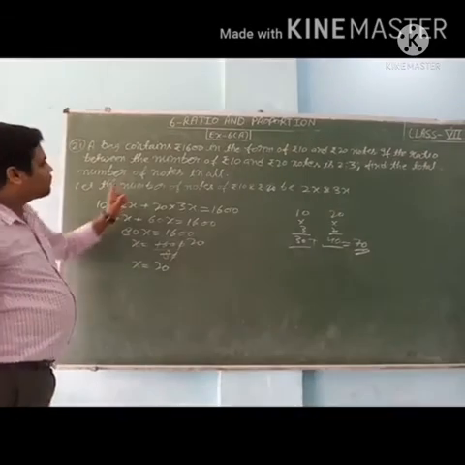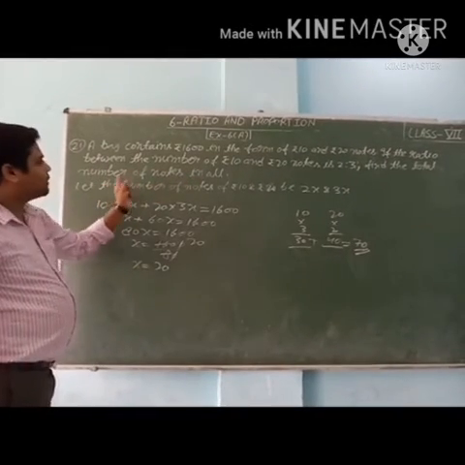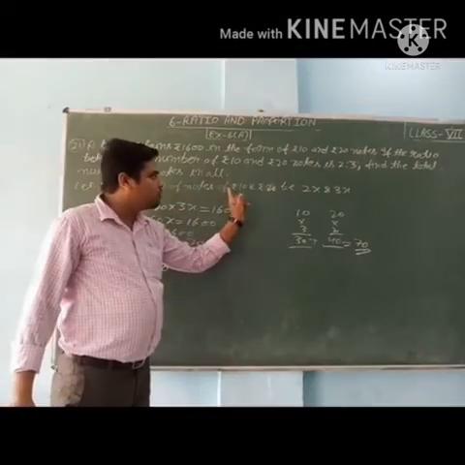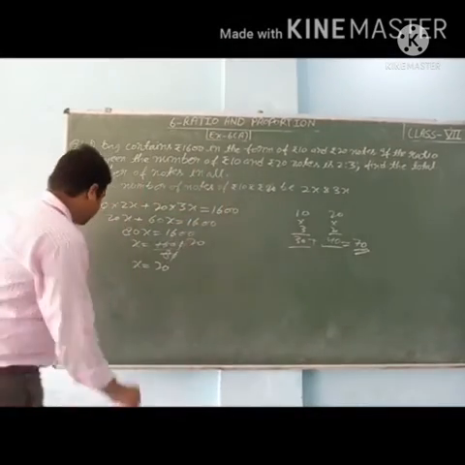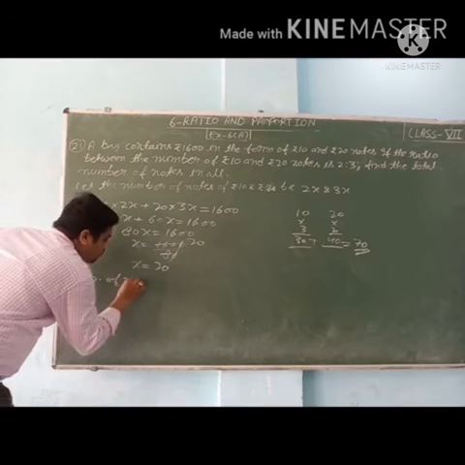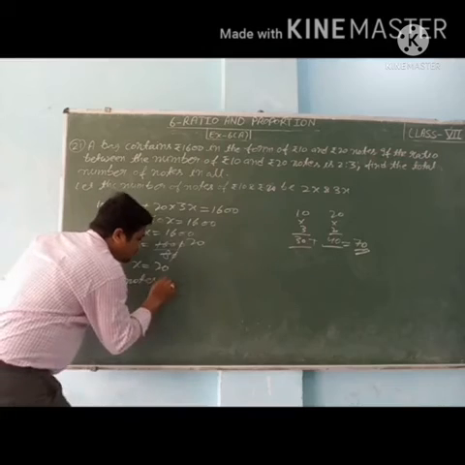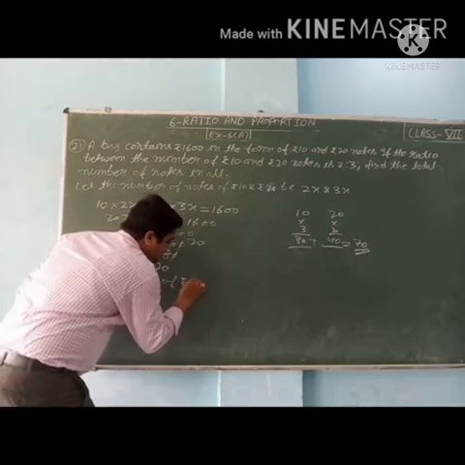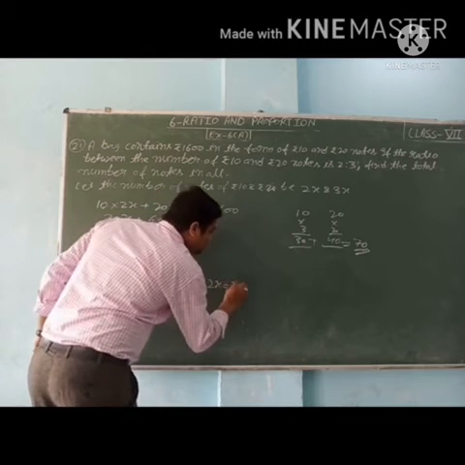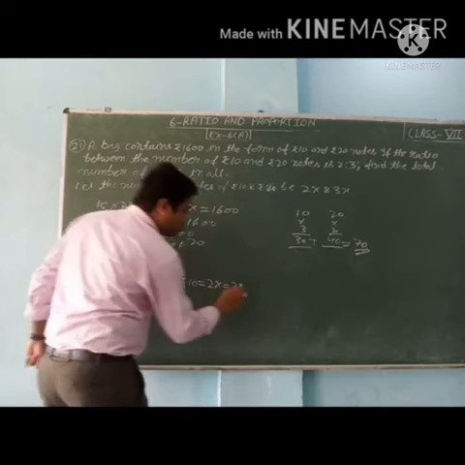So we have to find the total number of notes in all. First we will find the number of notes of rupees 10. How many notes do we get? 2x. It means 2 multiply 20.